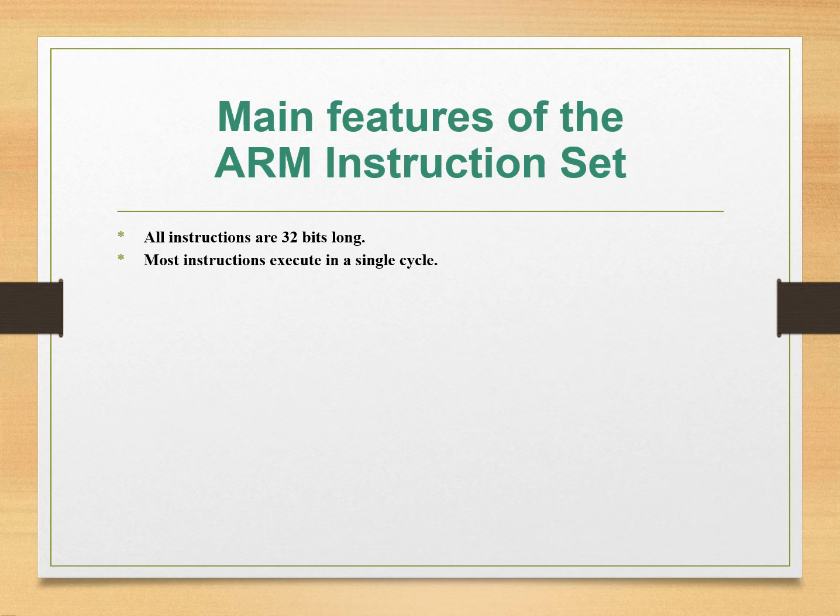At our stage we can consider that all instructions are executed in a single cycle, meaning you can complete execution of the instruction in the ARM processor within one single cycle. And every instruction can be conditionally executed. We are going to look into detail later on what we mean by that.